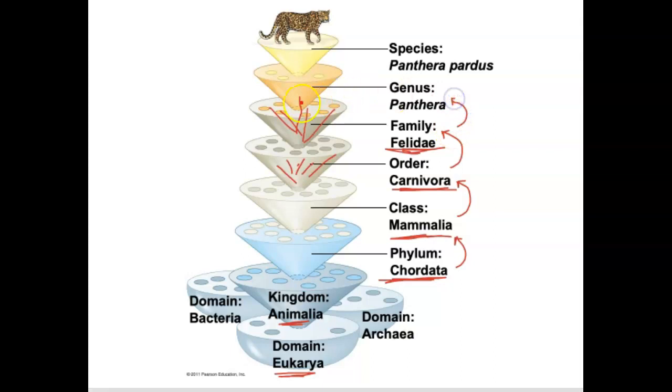Genus Panthera is one particular genus within the Felidae. There are other genuses, but the one we're talking about here is Panthera. Once you're in Panthera, you then move to species. If you're looking at this particular animal right here, Panthera pardus, the jaguar.